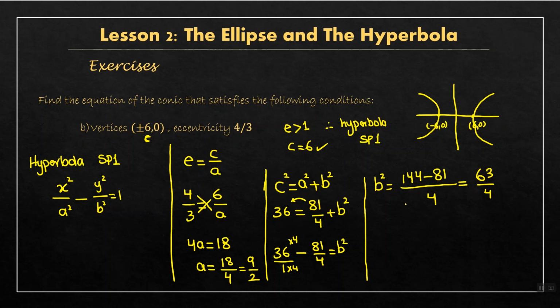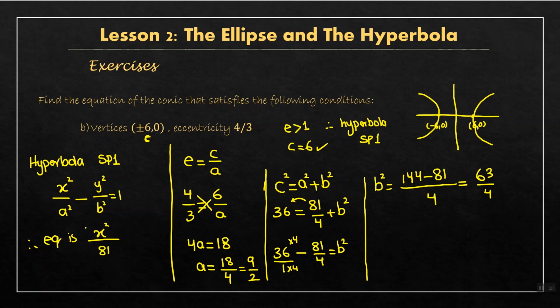So that's B squared. When we come back to this equation now, the equation is x squared over A squared. This is A, guys. We square it, we get 81 over 4. But since this is keep, change, flip, we will flip this fraction.